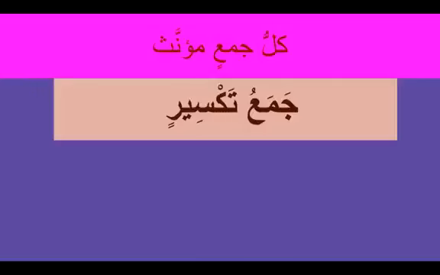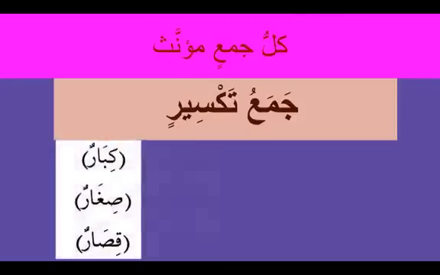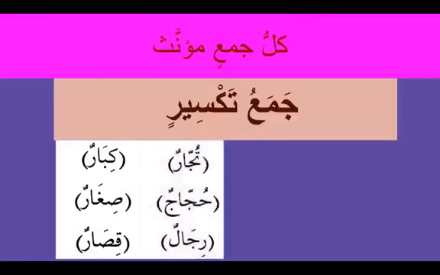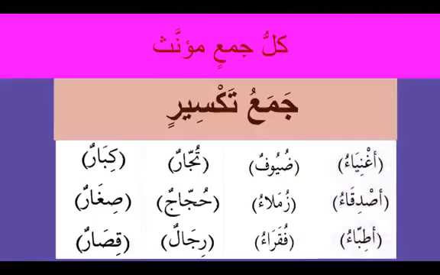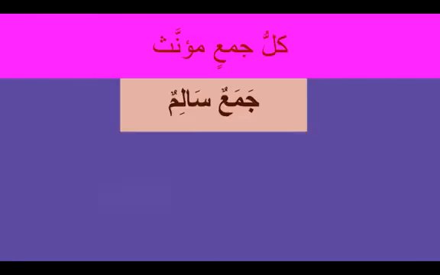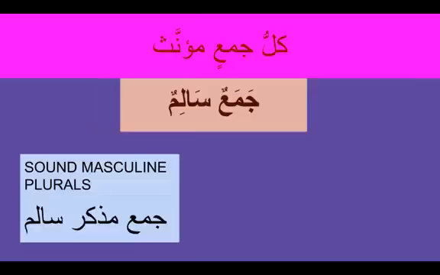We did some jam'u taksir examples like kibarun, sigarun, qisarun, dujjarun. The different patterns here: fi'alun, fu'alun, fu'ulun, duyufun, zumala'u, fuqara'u, fu'ala'u, atibba'u. These are the different patterns we get in jam'u taksir. And in jam'u salim, we got Jama' Mudhakkar Salim, where you identify una in marfu form and ina in mansoob and majroor form, like muslimuna, muslimina, muslimina.